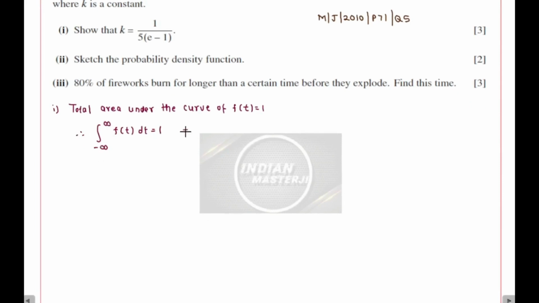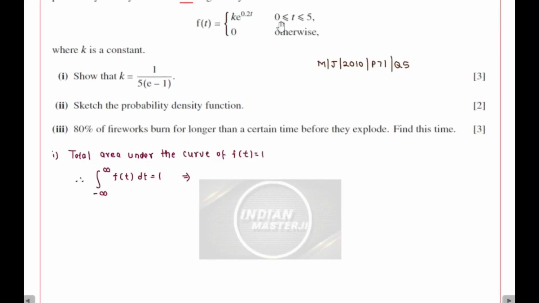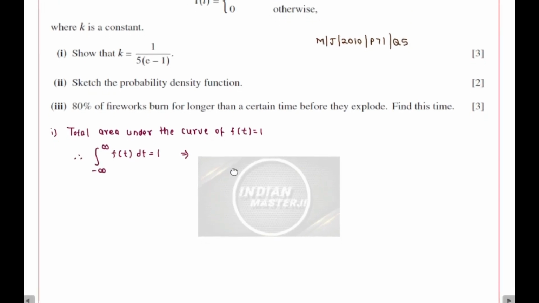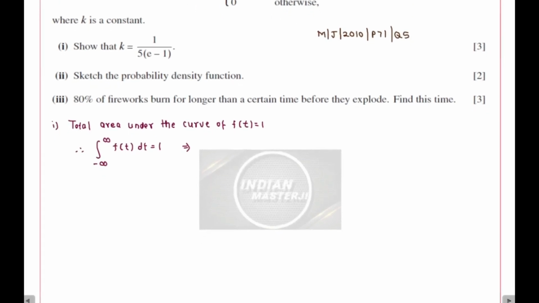Correct? But in turn, we know that it is only defined for 0 to 5. It is having some equation for 0 to 5 and for the rest of the values it is 0. Correct?